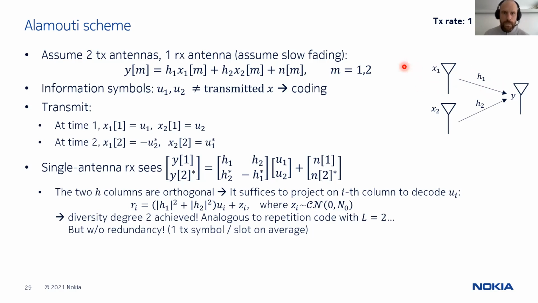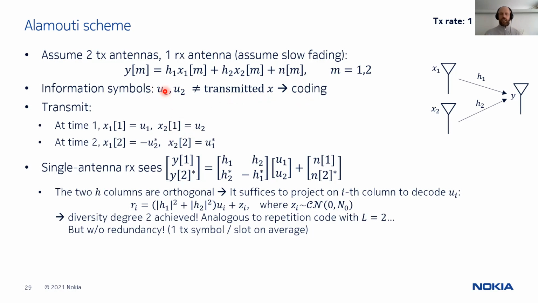What you do is something slightly more complicated than the repetition code. You don't transmit whatever you have encoded as complex symbols directly, but you do another transformation. Let's suppose that you want to transmit these 2 complex symbols, U1 and U2, and you have 2 slots to do that.